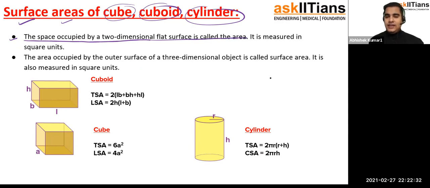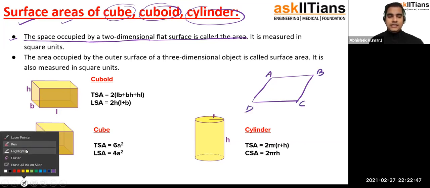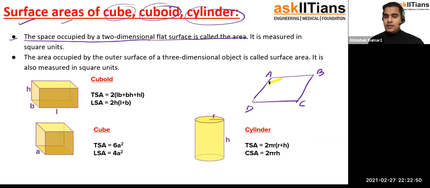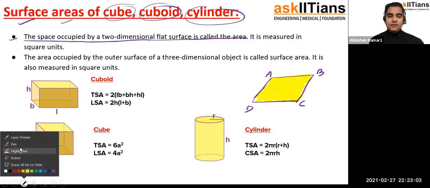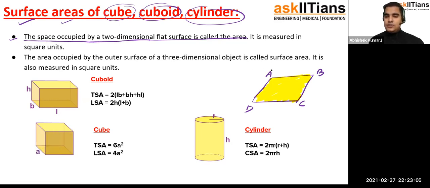That means if you have, let's say, a 2-dimensional figure, any quadrilateral for example, and I give it the name ABCD, then the space occupied by this figure, which I have shaded in yellow color, is called the area occupied by this 2-dimensional figure, or this plane that I have.